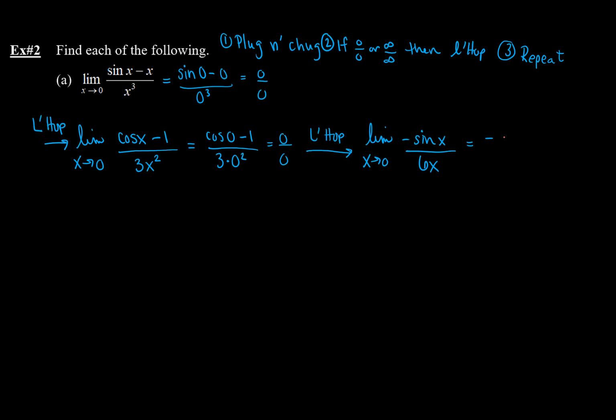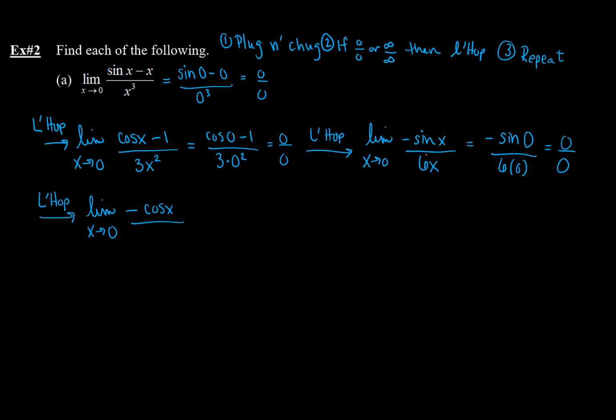Time for plugging and chugging again. So I'm going to have negative sine of 0 all over 6 times 0, which gives me 0 over 0, which means I can use L'Hôpital again. So the derivative of the negative sine of x is going to be the negative cosine of x.